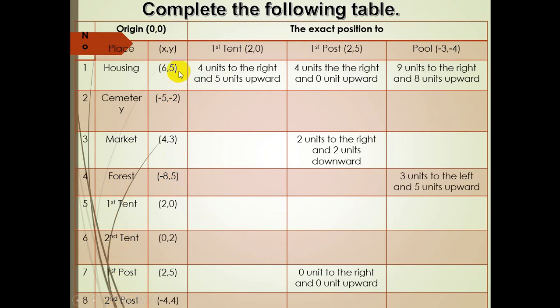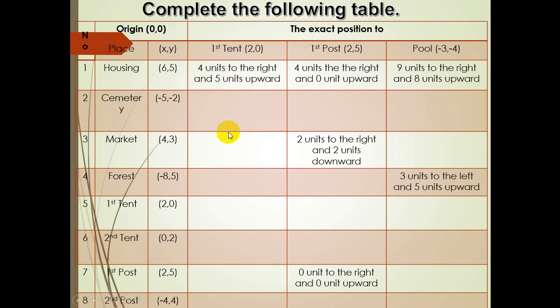Number 1, housing is located on 6,5, and the first tent is 2,0. The exact position to the first tent is 4 units to the right and 5 units upwards. 4 units to the right and 5 units upward between tent and housing.